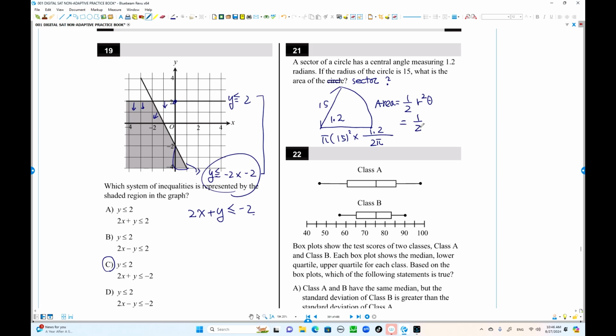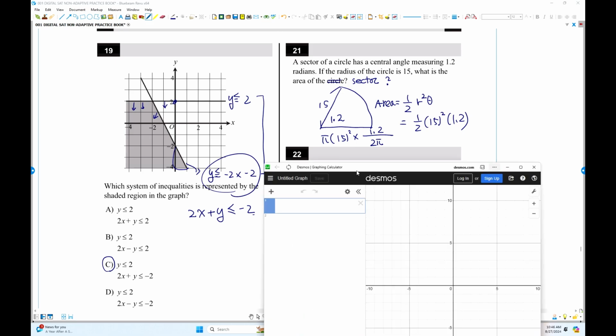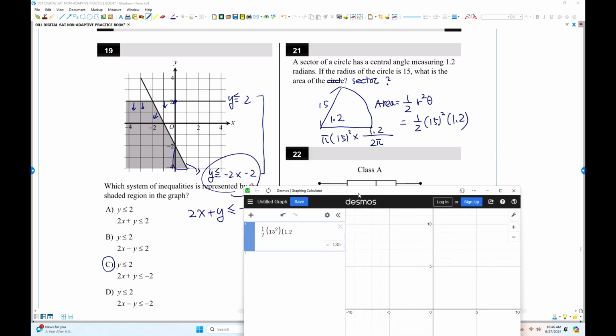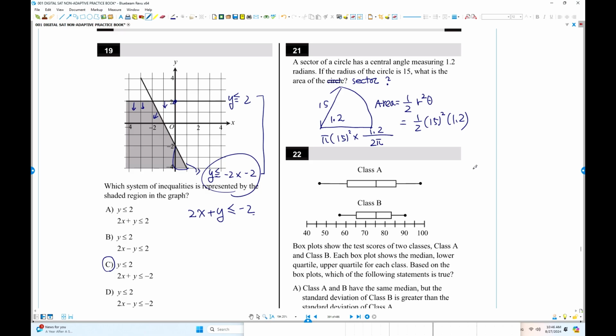One half times 15 squared times 1.2. That's 135 square units. The answer is 135.